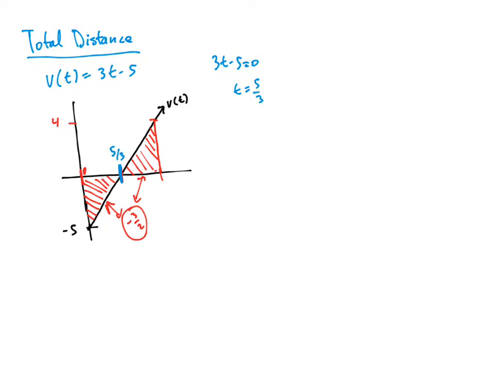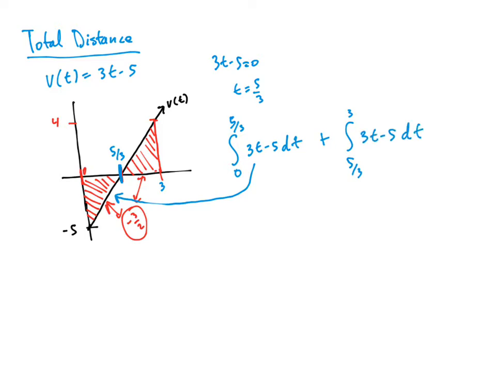Okay, so what we're going to do is we're going to come up with two separate integrals here. So from 0 to 5/3 of 3t minus 5 dt, that'll give us the lower area. It's going to give us this. And then plus, from 5/3 up to 3 of the same function, 3t minus 5 dt.